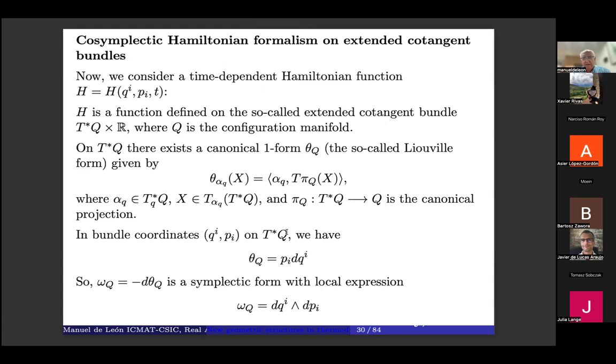You can consider the Hamiltonian formalism on the cotangent bundle times R, so we'll consider T star Q times R, and we define the usual Liouville one-form, but consider it on the product of T star Q times R. And of course, the symplectic form of T star Q can be considered on the product R times T star Q because it's just the pullback using the canonical projection.